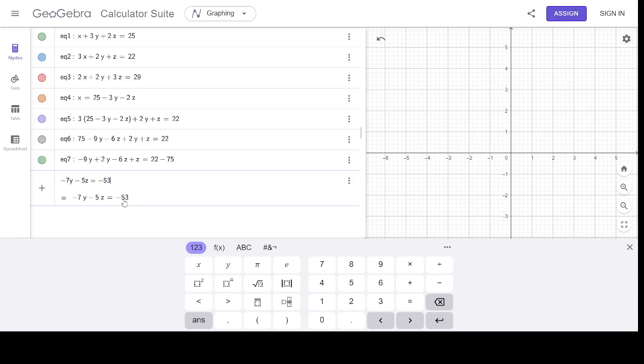Now since we have minus 7y minus 5z is equal to minus 53, we can simplify this further by removing these minus signs. We just need to multiply through by negative 1.